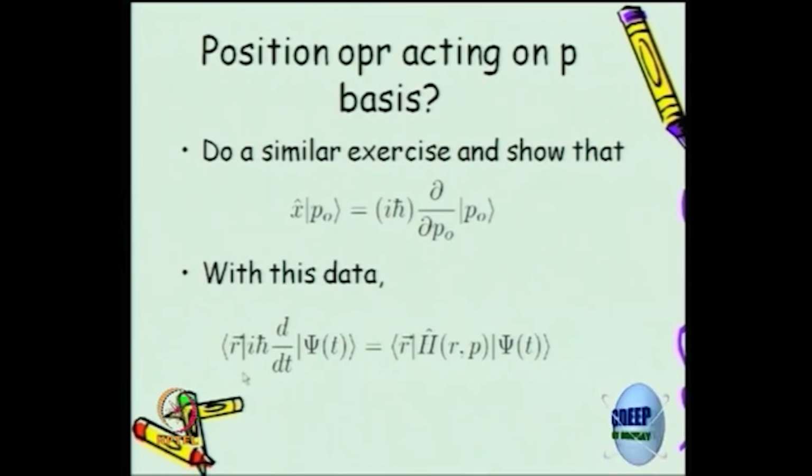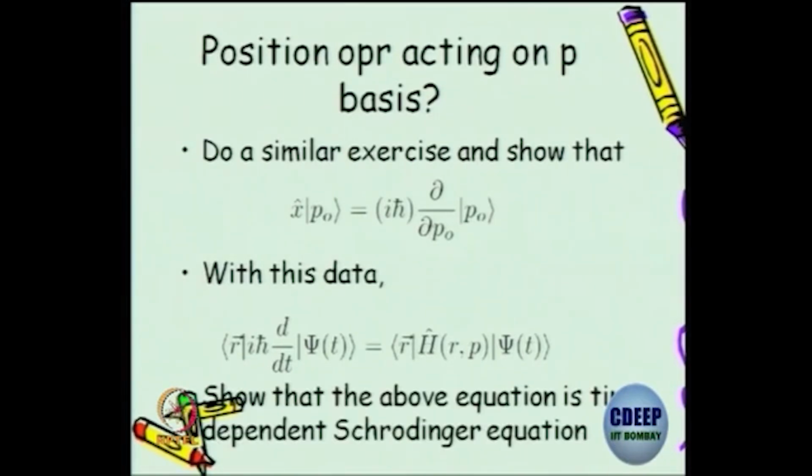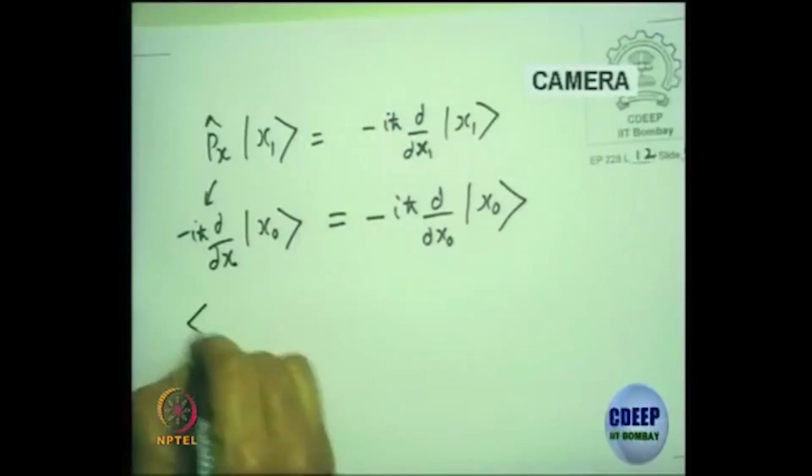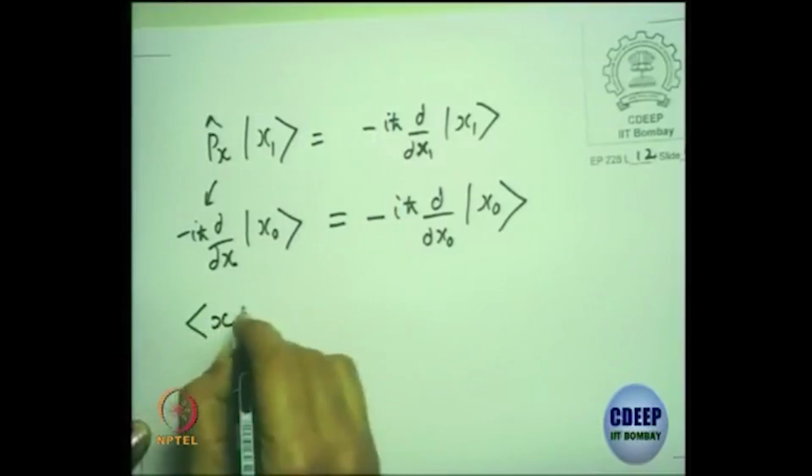In 3 dimensions you take an r vector and we can write it this way. So now this is the exercise for you. The H operator is p squared over 2m plus v of r, and p squared over 2m can be replaced by minus i h cross del squared over 2m. Let me do it in 1 dimension.